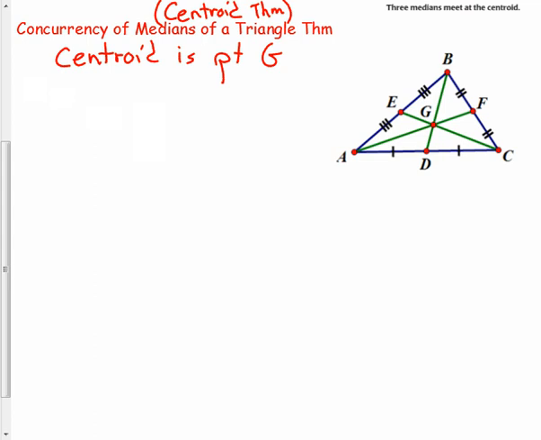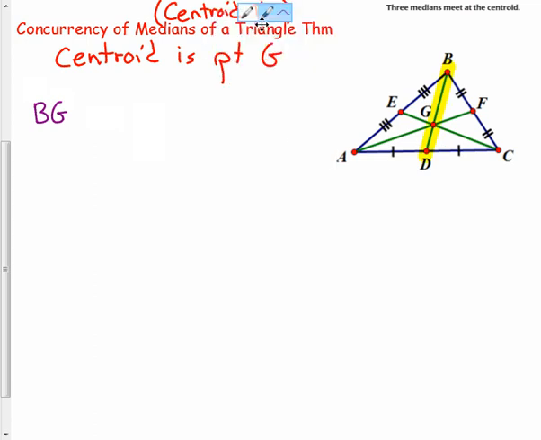And the centroid theorem, or the concurrency of medians of a triangle theorem, whichever way you prefer to say it, says the distance from the vertex to the centroid is 2/3 the length of the median. So, for example, BG. We're looking at this median right there.